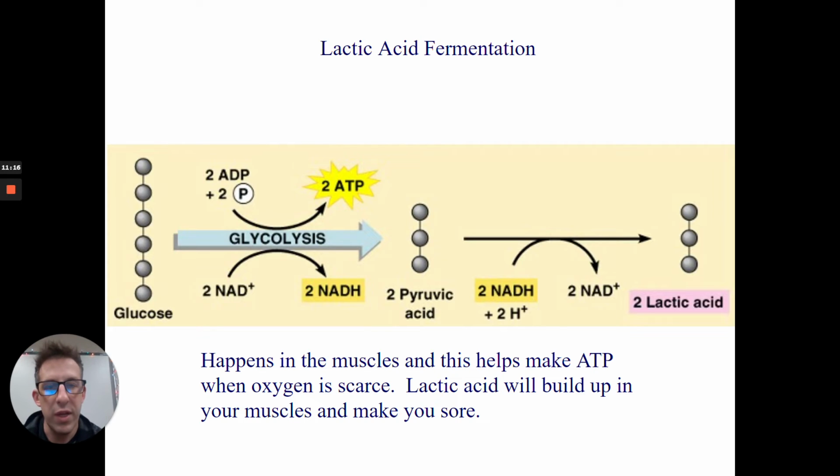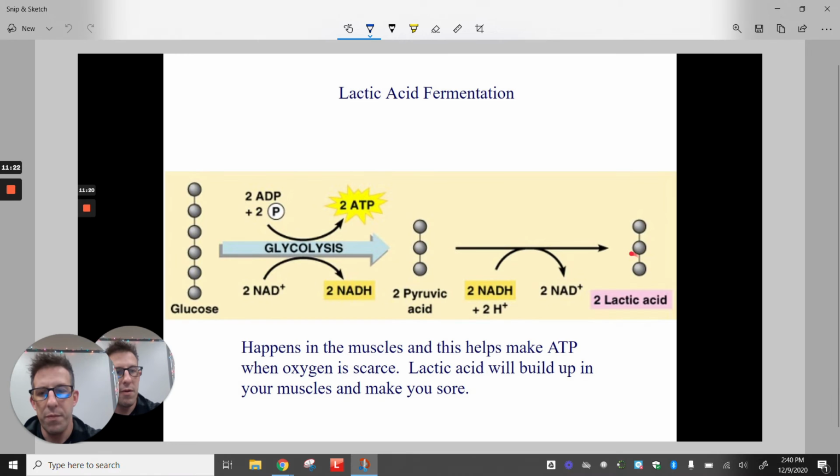Okay, so if our bodies are low on oxygen, this is not the one I can draw on. All right, let's say we're low on O2 at this point here. We've made our pyruvic acid or our pyruvates. We've undergone glycolysis the best we have, but our body realizes, oh my gosh, we're huffing and puffing, and we can't get enough oxygen.